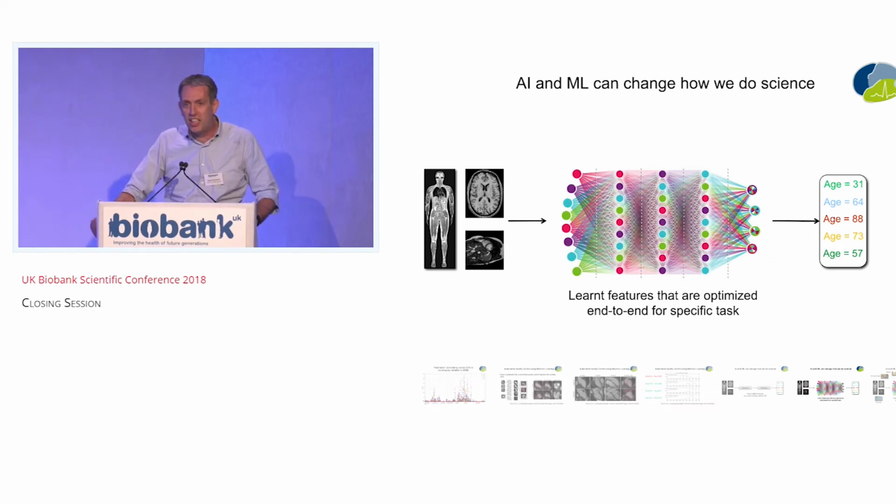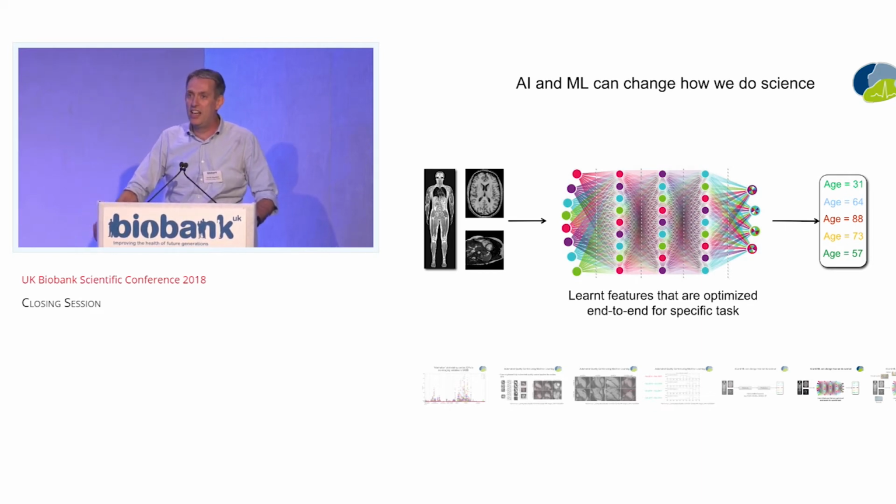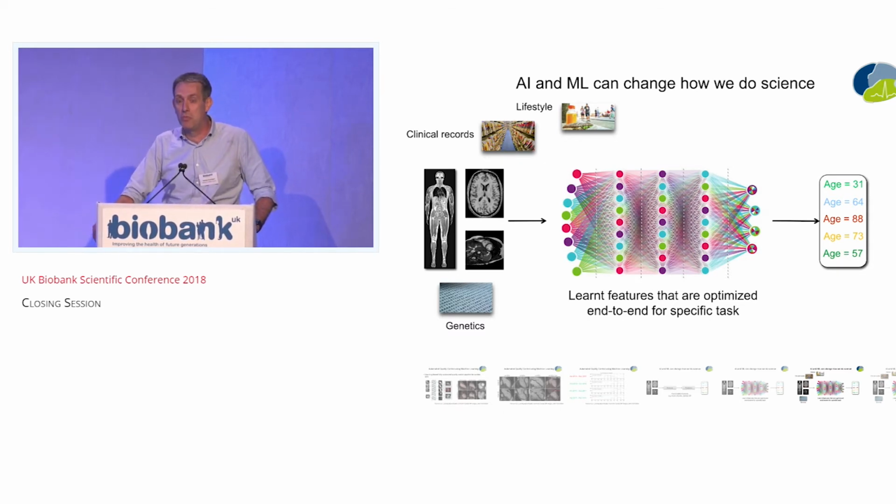So deep learning offers us the opportunity to train this pipeline end-to-end, and therefore be much more powerful in developing predictive models. For example, for age, we can also, of course, easily integrate other types of information in these predictive models and potentially really come up with a model which is predictive of whether a subject will develop disease.